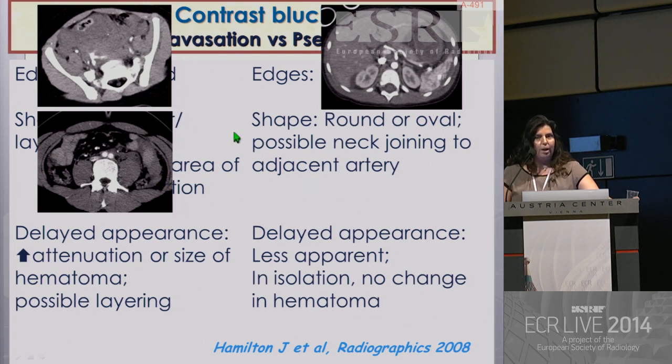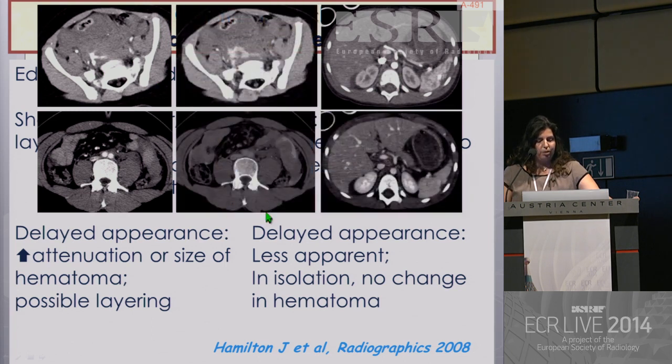If you routinely apply a late arterial and a portal venous phase, you will see that the active extravasation spreads either in the vicinity of the extravasation or remotely in other parts of the abdomen, as opposed to pseudoaneurysms that just tend to fade away. And you must agree with me that this pseudoaneurysm would have been missed had it not been for the arterial phase there.